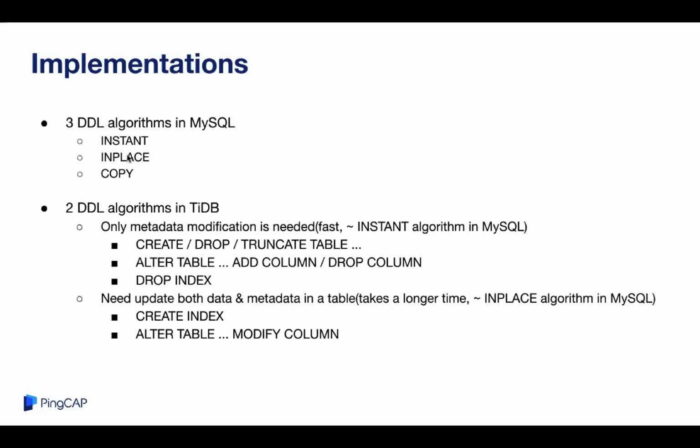But we cannot guarantee that, because foreign key is a complicated, big feature, especially for a distributed system like TiDB. So hopefully we could release it in the first quarter of next year.